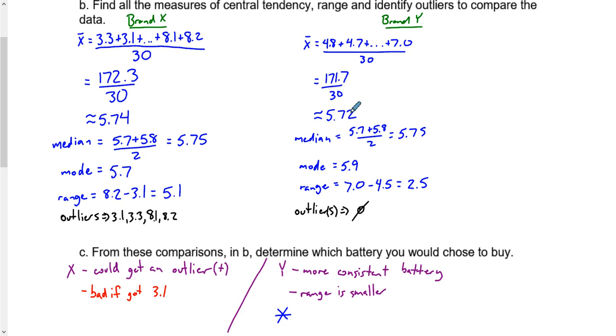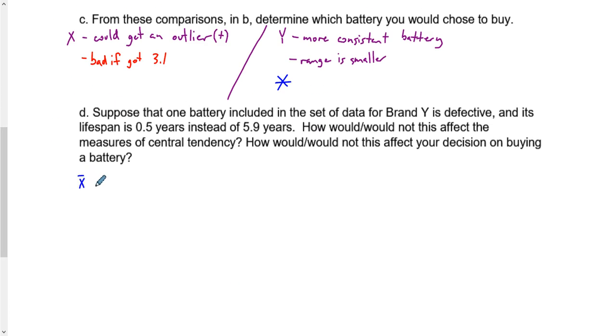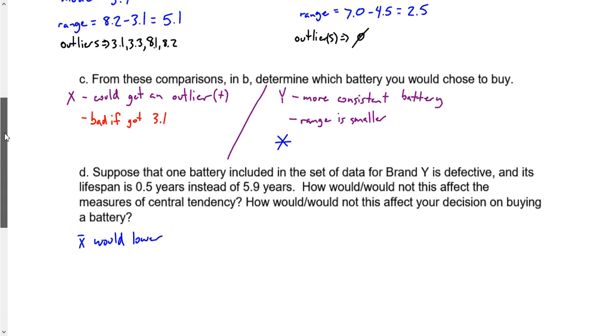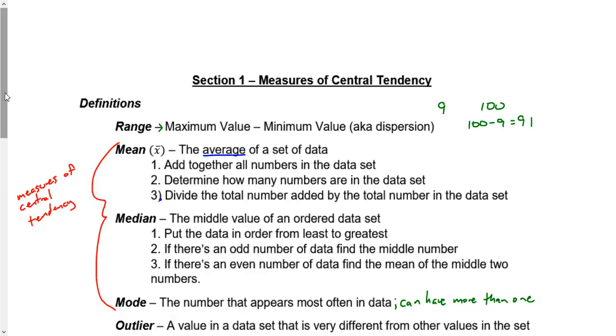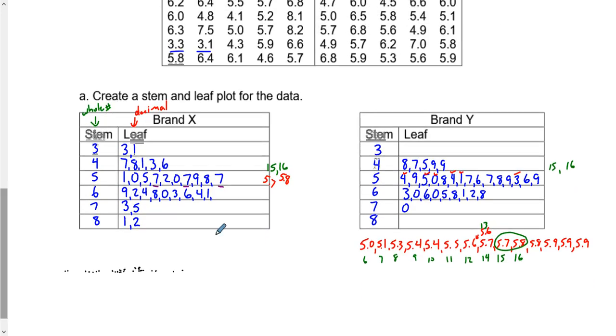Well, what would happen if we included a battery of 0.5 instead of one of the 5.9s? The mean would for sure lower. Our median, well, we'd actually have to go back to our data to see whether our median would be affected. Because we would be taking one of these values out, and it would actually go down here as a 0.5.